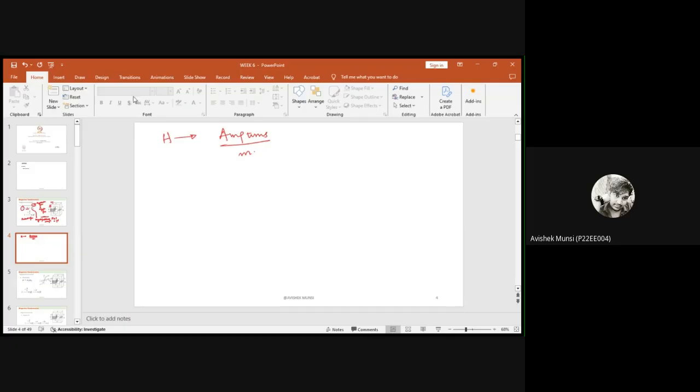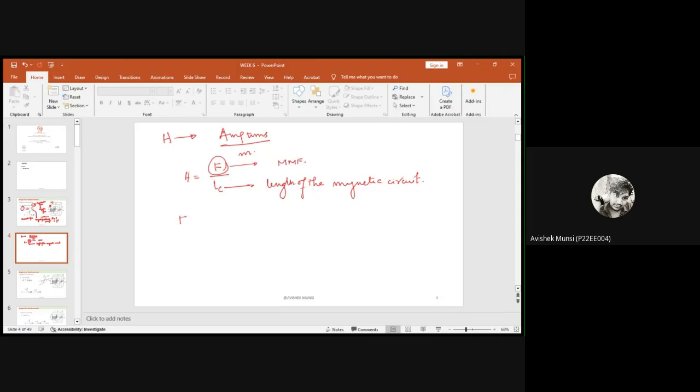So H is basically ampere turn per meter, which can be written as F by Lc, where this is the length of the magnetic circuit, and this F is basically our MMF.